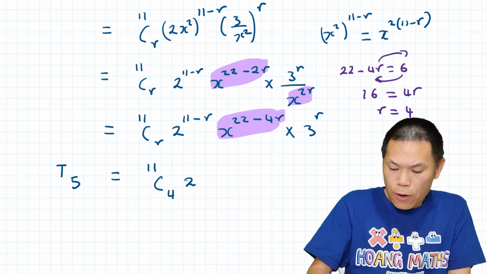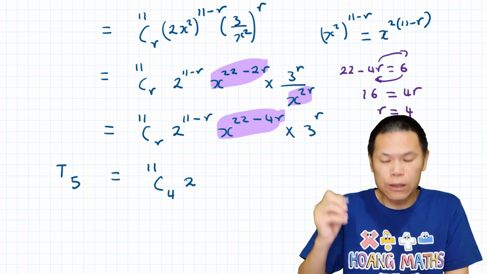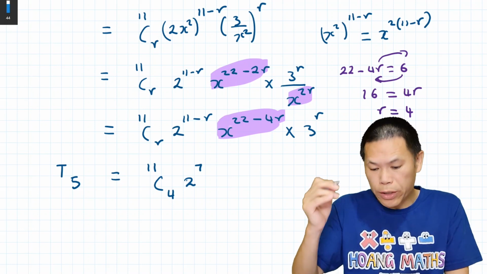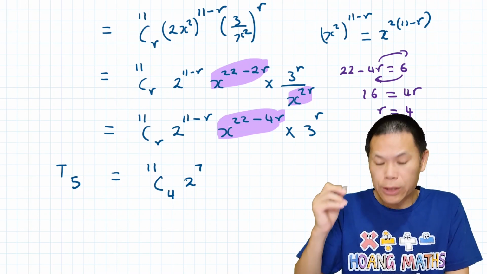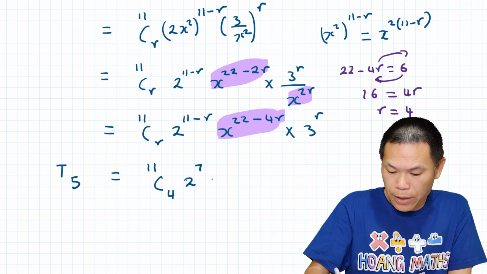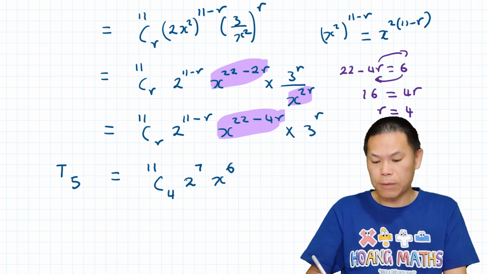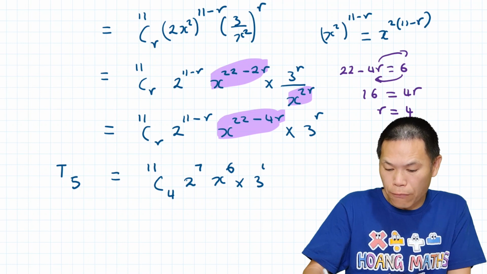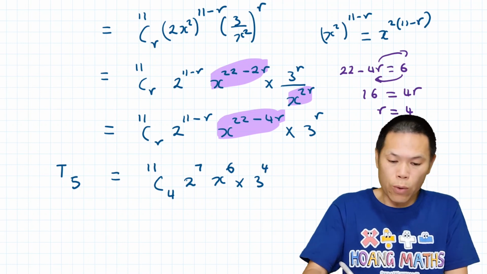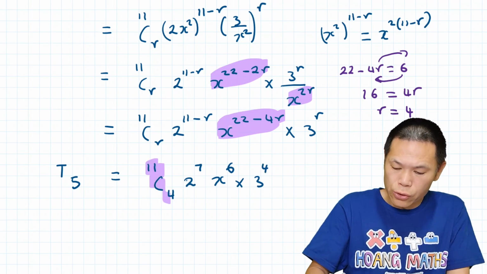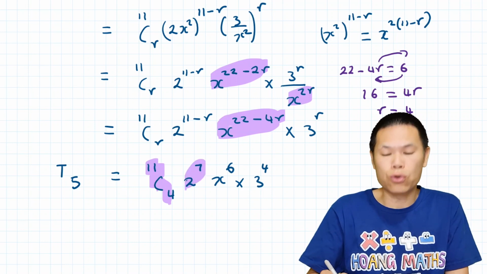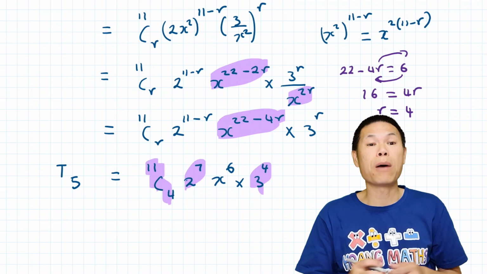So 2 power of 11 minus R, which is 11 minus 4, is 7. And we have 22 minus 16, so x power of 6, and we times 3 power of 4 because R is 4. So I just use a calculator to work this out: 11 C4 times 2 power of 7 times 3 power of 4.